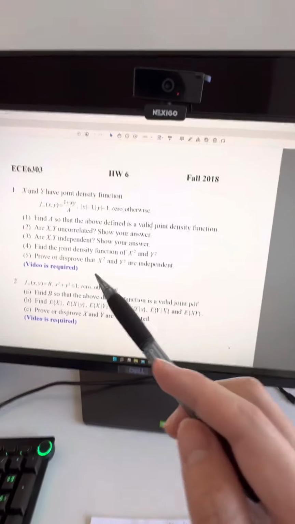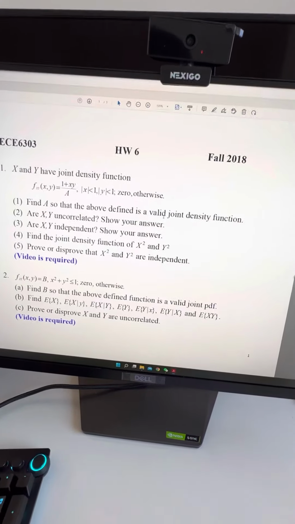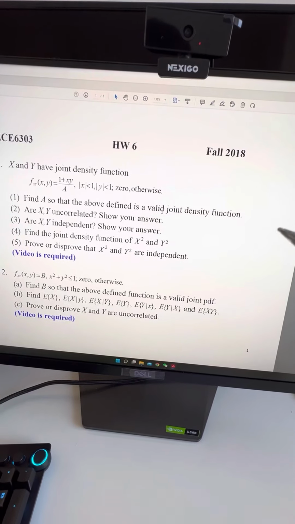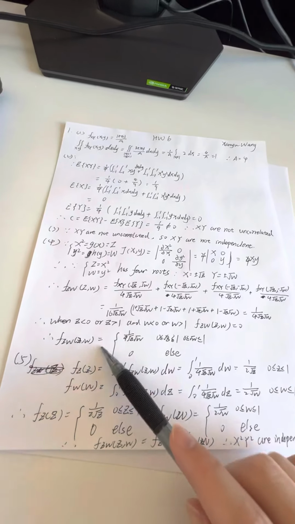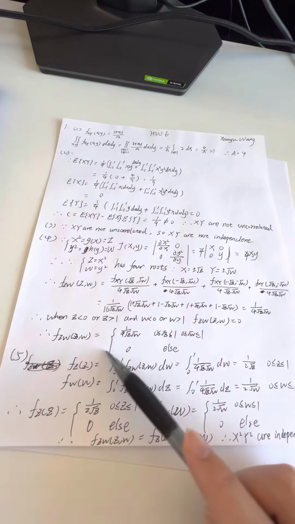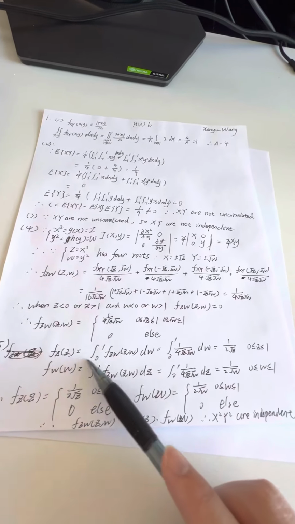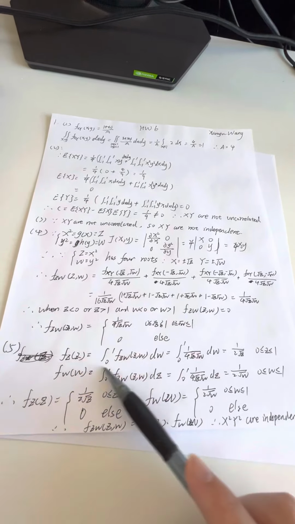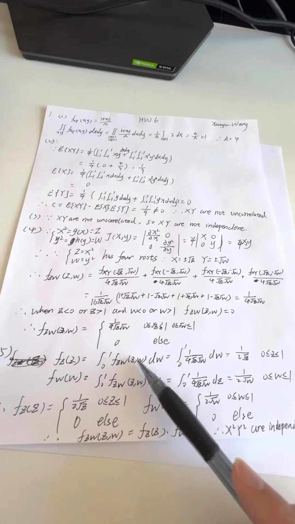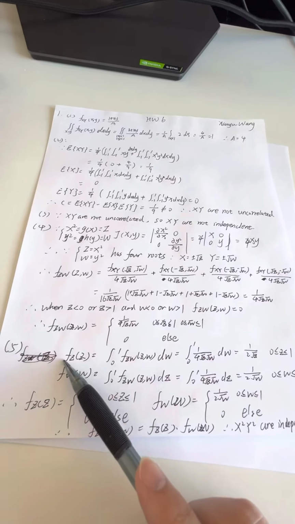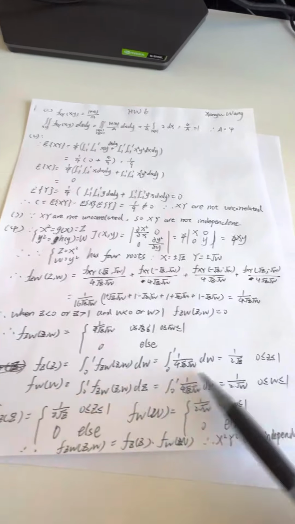And for 5, if we want to prove or disprove that x squared and y squared are independent or not, it is very easy, because we have their joint density function. We need to do a single integral calculation over w and z, and then we can get the marginal density functions.